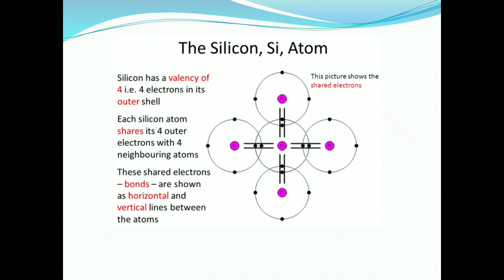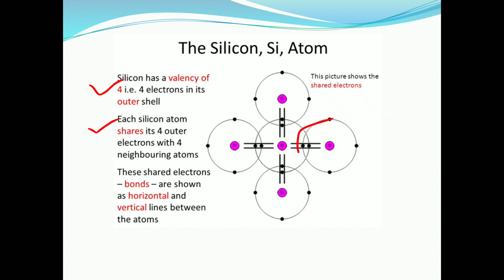Now let us see in detail how the doping process is done. We start with the silicon. We know silicon valency is 4, that is 4 electrons in its outermost shell. Then each silicon atom shares its 4 outer electrons with 4 neighboring atoms.